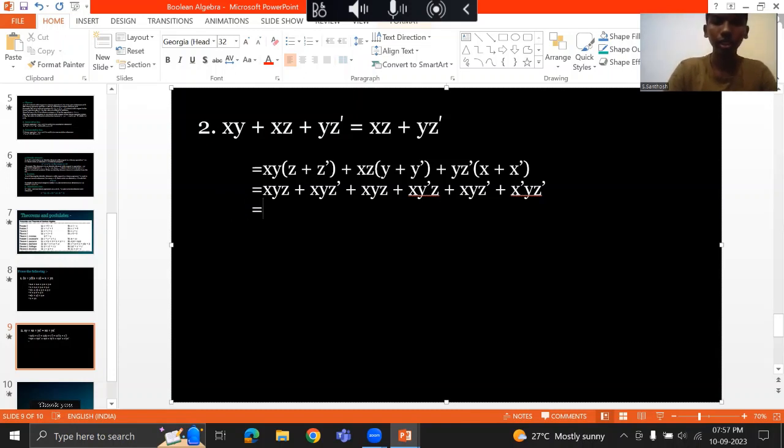And now here you know that x plus x equals x. So xyz plus xyz is also equal to xyz only. So write it as xyz itself. Xyz dash and xyz dash is also written as xyz dash itself as a single term.